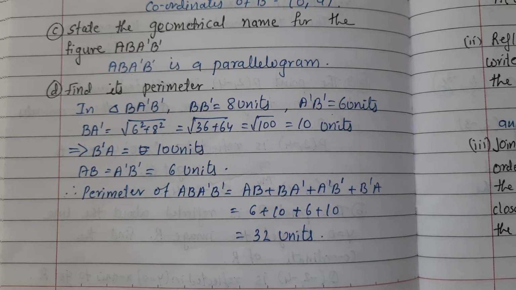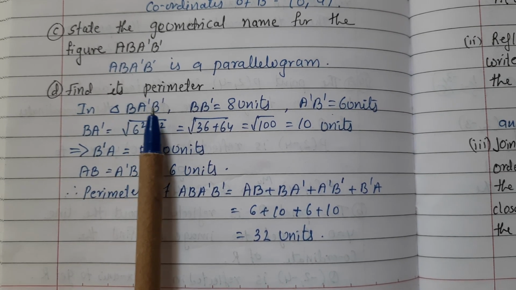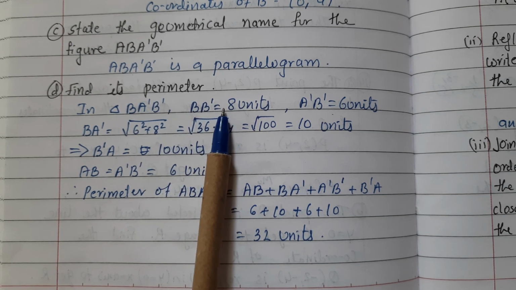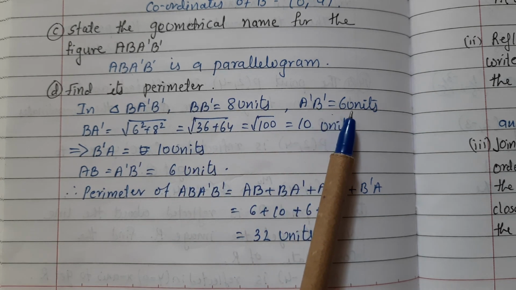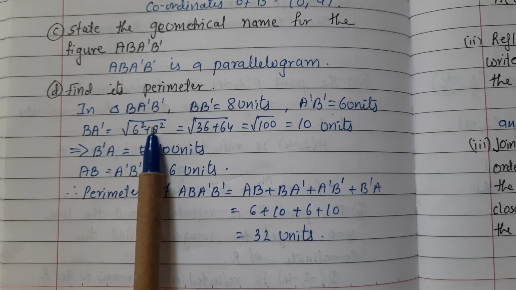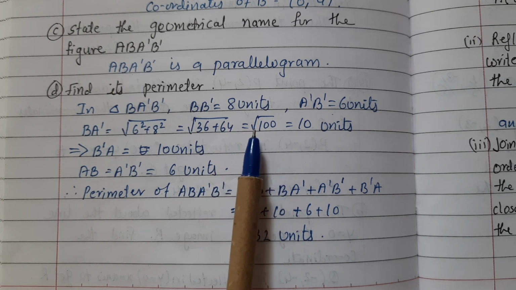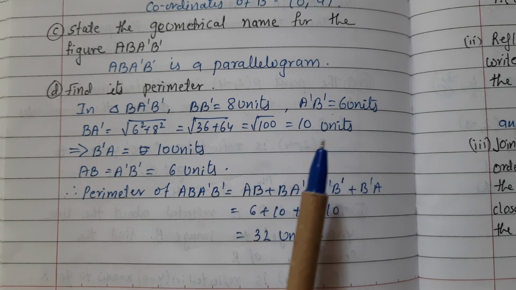D part. Find its perimeter. In triangle B A dash B dash, B B dash is 8 units, A dash B dash is 6 units. B A dash equals root of 6 squared plus 8 squared equals root of 36 plus 64 equals root of 100 equals 10 units.